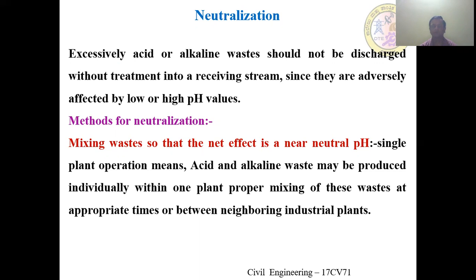So here the alkali or acid is going to be neutralized by another substance. If the industrial wastewater is excessively acidic, an alkali is going to be added so that it gets neutralized, else if it is alkaline, an acid is going to be added to neutralize it.